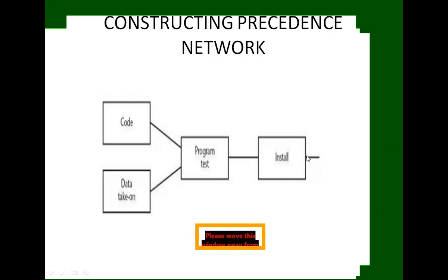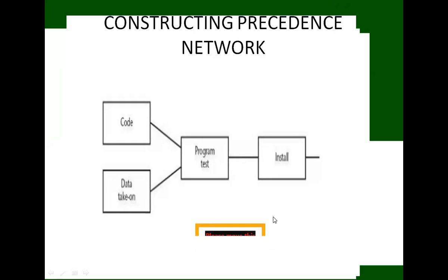Precedents are the immediate preceding activities, and time moves from left to right. In this network model, precedents may not contain any loops, and we may not have any dangles. We will discuss loops and dangles in the last slides.